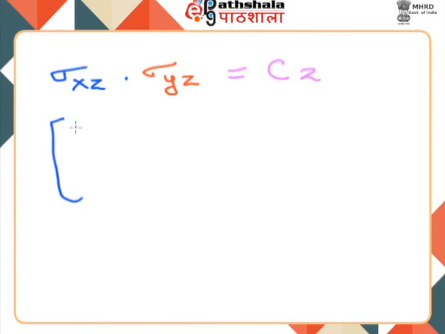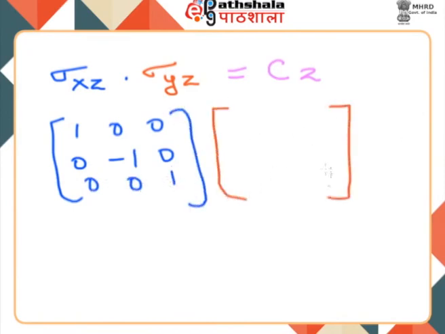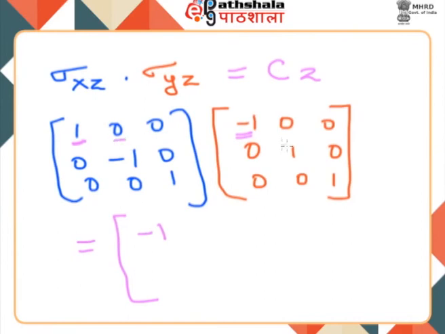We have sigma xz, which is equivalent to this matrix, sigma yz will be this one, and now what we get is 1 into minus 1 is minus 1, 0 here, again you get 0 here, this gives 0, minus 1 into 1 is minus 1, 0 into 0 is 0, again at this place we get 0 and 0, and 1 into 1 is 1.